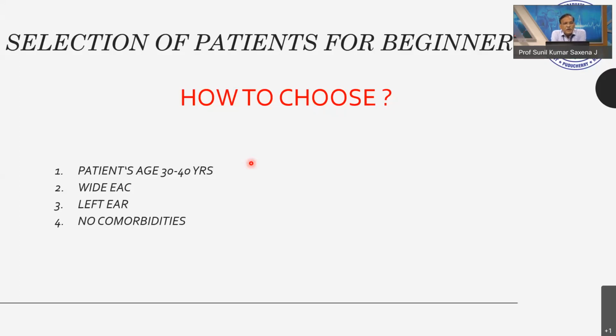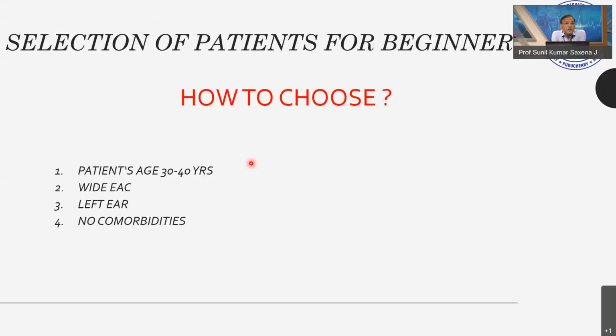If the patient tolerated your autoendoscopy in your minor OT, you can go ahead with endoscopic ear surgery in this patient. Second, the external auditory canal, because your instrument will go through that as well as the endoscope. If you are using a 4 mm endoscope, then you have another 4 to 5 millimeter area for your instrument. If you are using a 3 millimeter endoscope, then you have 6 millimeter area.